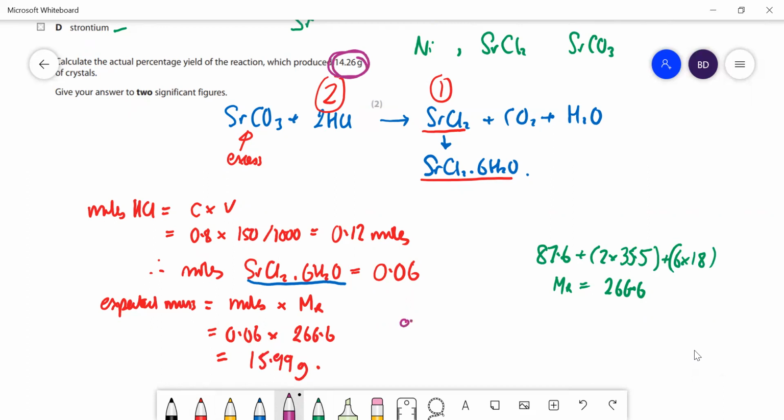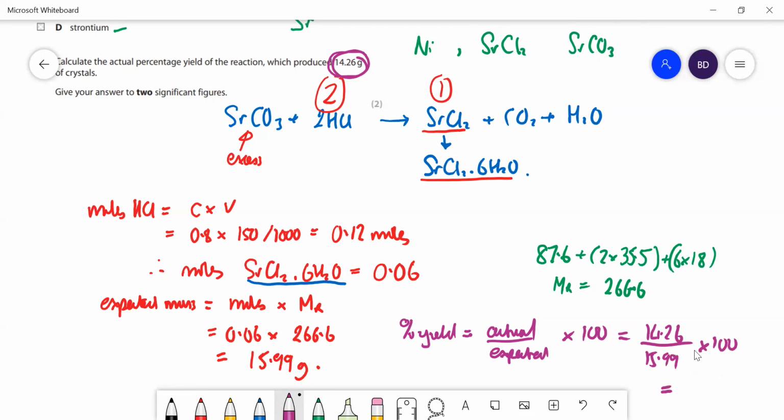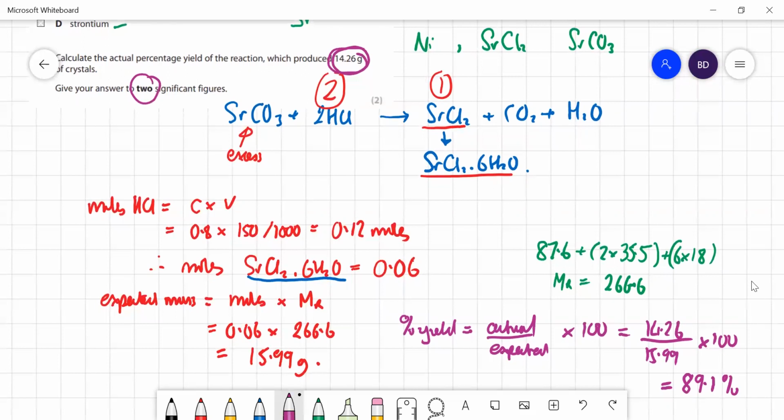So the percentage yield is the actual over the expected mass multiplied by 100. That's 14.26 divided by 15.99 times 100, which gives 89.1%. But it says here to give it to 2 significant figures, so we should remember to change that as a final answer to be 89%.